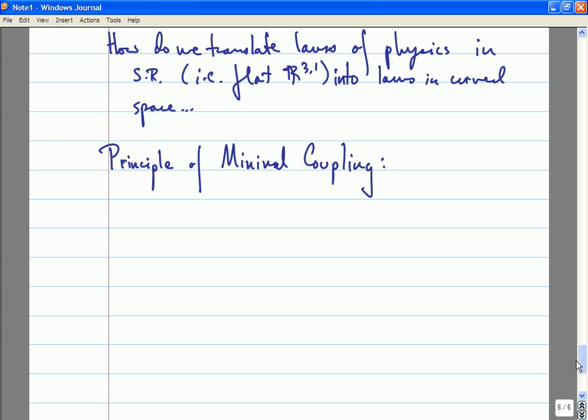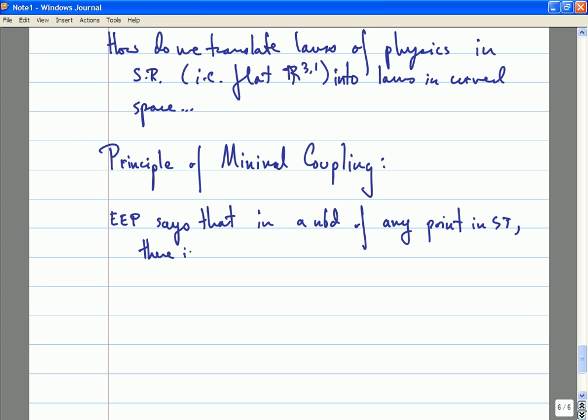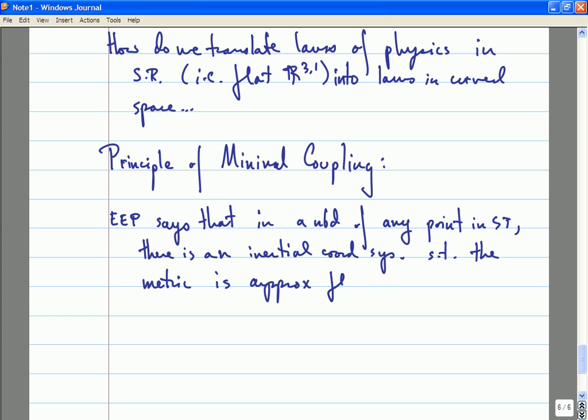Einstein's equivalence principle says that in a neighborhood of any point in space-time, there is an inertial coordinate system, otherwise known as a Riemann normal coordinate system, where the metric is approximately flat, in the sense that the metric at that point is equal to the Minkowski metric, and its first derivative vanishes.